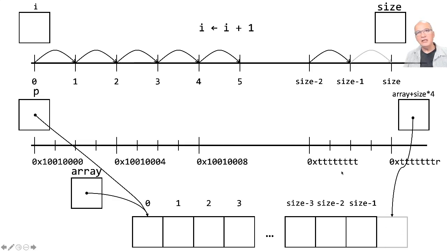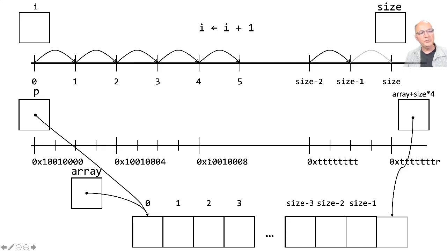So my number line now will not contain integers from 0 to size. It will contain memory addresses, and let's suppose that I start at the address 1001.0000. This is the address for this position in memory. The next position of interest is the next element of the array, which will be 4 bytes after the first position. So I skip 4 bytes, and the next position will be 1001.004.